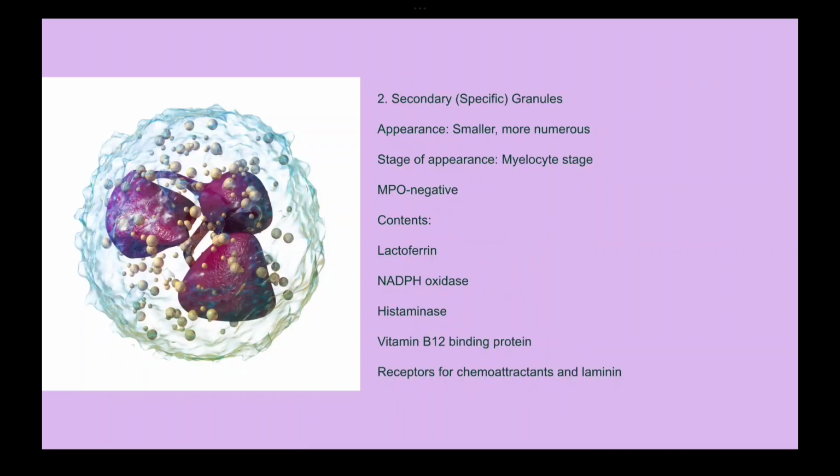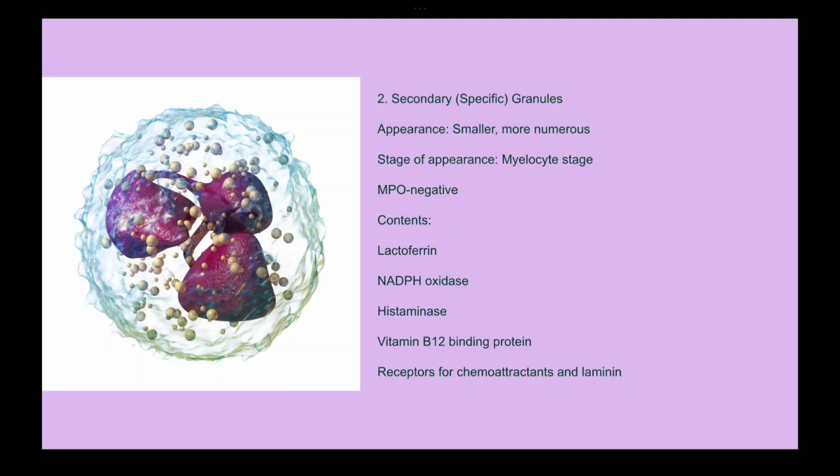Now the secondary granules. We saw the primary granules of neutrophils, and we have the secondary type of granules, which are specific granules. Their appearance is small and they are many in number. The stage of appearance is the myelocytic stage, and these are MPO negative.